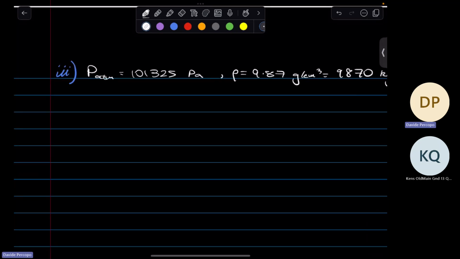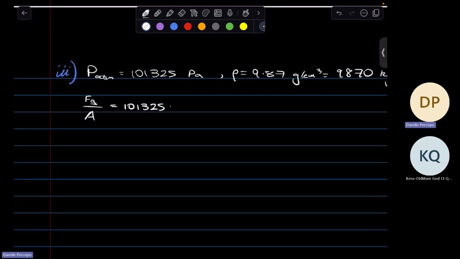Now it's going to be very similar to before. Once you understand one part, the other part's just replicating it. So in this part, the pressure is just going to be the same as the atmospheric pressure. I'm just going to write that down straight away.